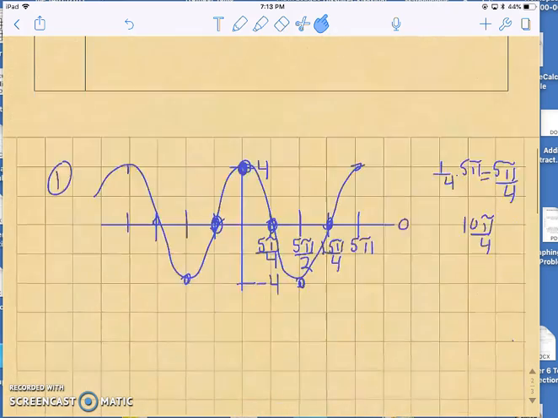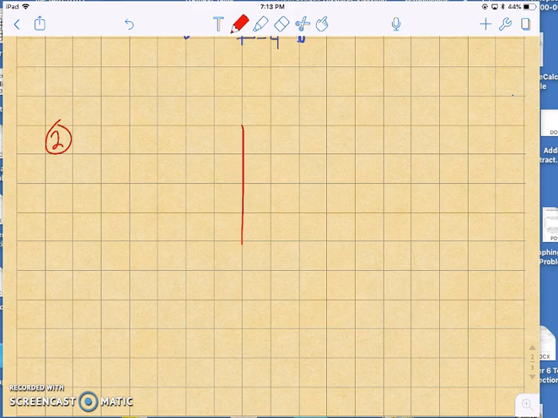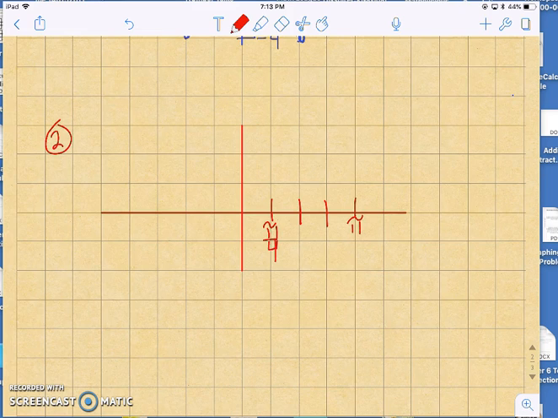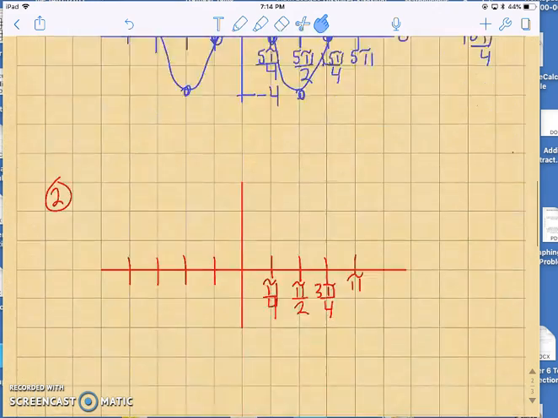So let's see if we can graph this one. Our period was pi, so that means our first mark is pi over 4. Then 2 pi over 4, which is pi over 2, then 3 pi over 4. So our amplitude is 6, and it was moved down 2.